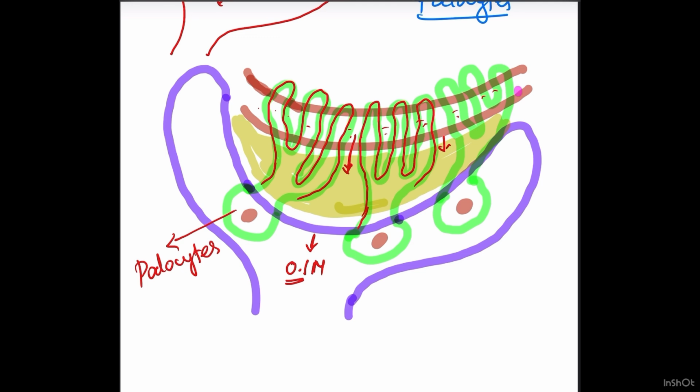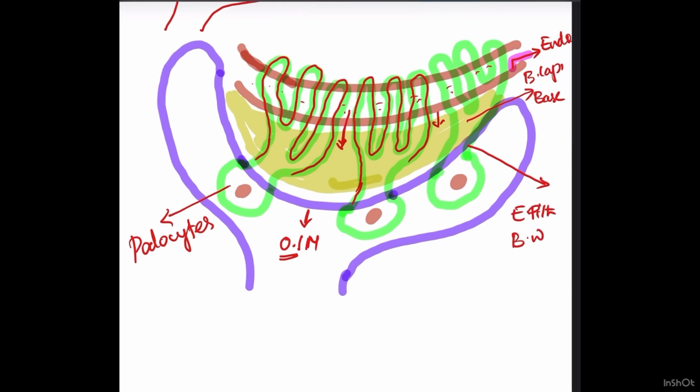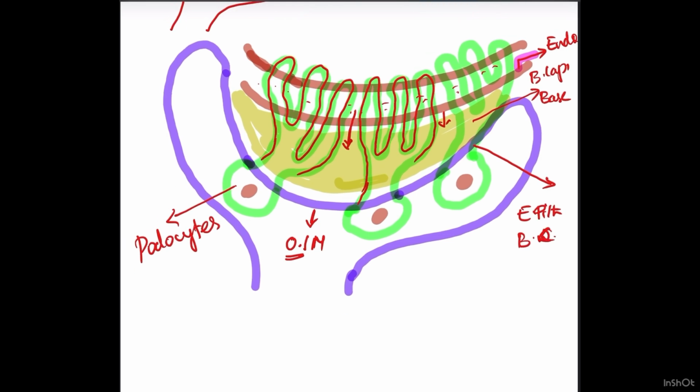The inner lining is the endothelium of the blood capillaries, the yellow colored one is the basement membrane, and this is the visceral layer, the epithelium of the Bowman's capsule.